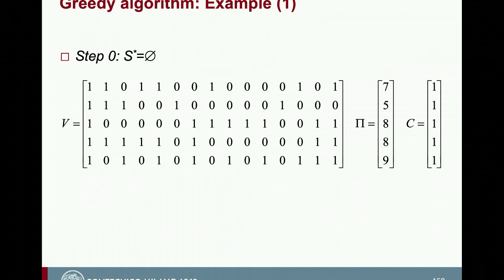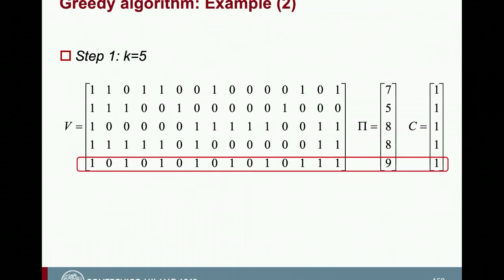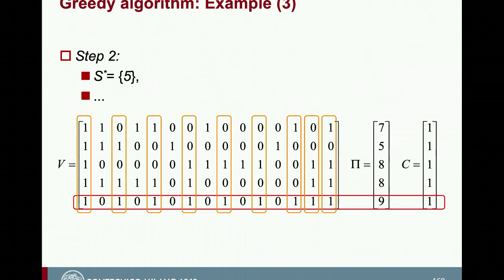Okay, so of course we start from the one with the highest number of test points covered, and of course this is the last one, the fifth one. So of course this is added to the solution, right? So we add this candidate site number 5 to the solution. Of course, this is covering all the test points that are marked with the orange box.